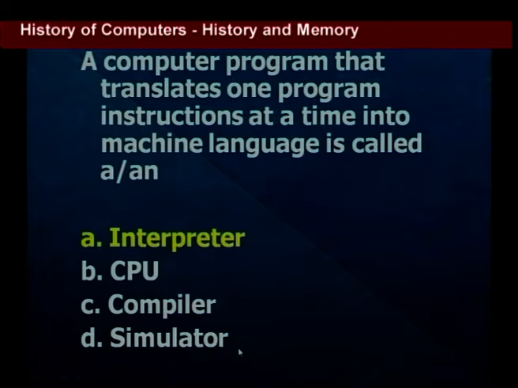Actually in the C language we use only a compiler, but translating instructions one at a time into machine language is an interpreter. Interpreter is the converter from our language to computer language. Computer language is nothing but binary language, consisting of only ones and zeros. CPU, compiler, simulator, these three are not the correct answers to the question.